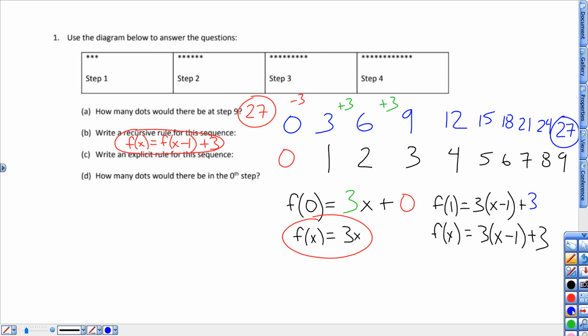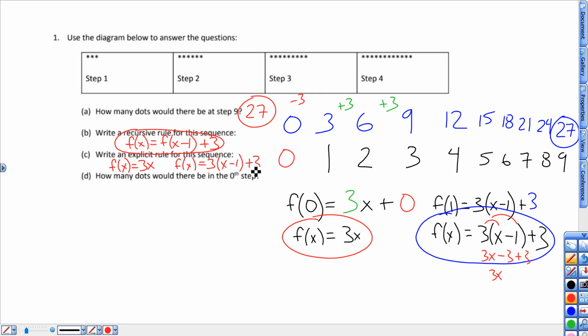Remember, these are equivalent. If I distribute, that gives me 3x minus 3, and then plus 3 just gives me 3x. They're equivalent. So explicit, I'm going to use either the 0 term, f(x) equals 3x, or the first term, f(x) equals 3 times (x minus 1) plus 3.